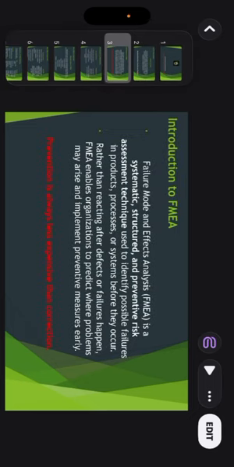Failure mode and effect analysis is a systematic, structured, and preventive risk assessment technique used to identify possible failure in a product, process, or system before it occurs. We don't want failure to happen. Can you predict that it's going to happen?